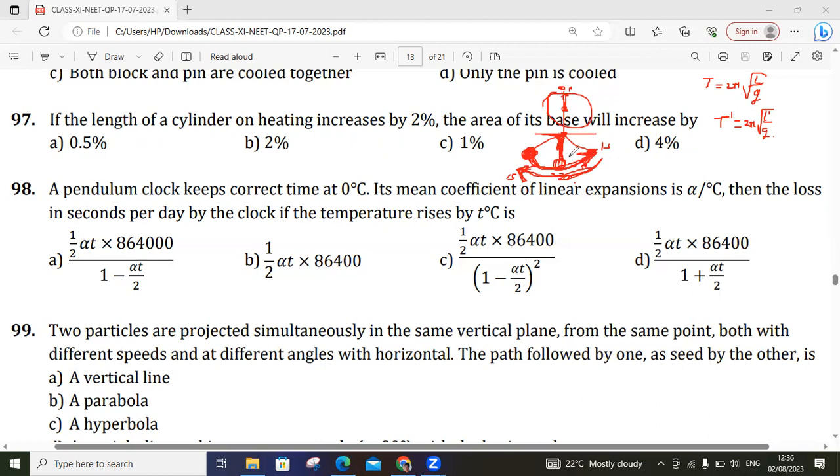Actually, it is showing 1 second after 1.3 seconds actually. Understood. So our clock will run slowly. So this is going slowly.